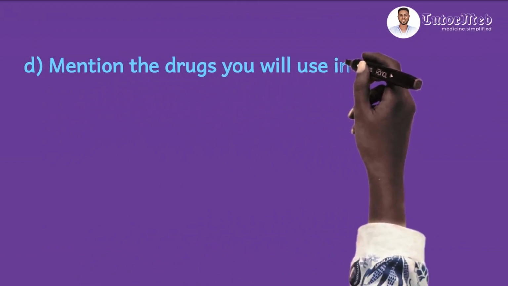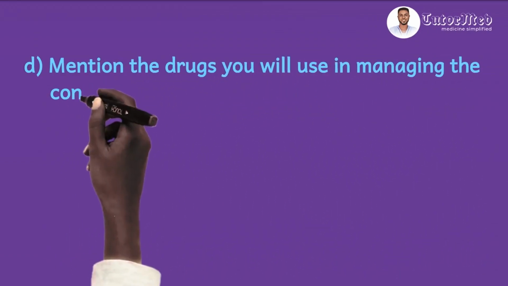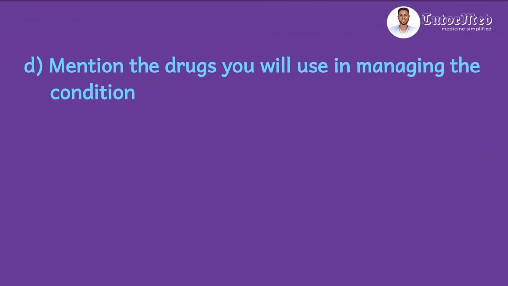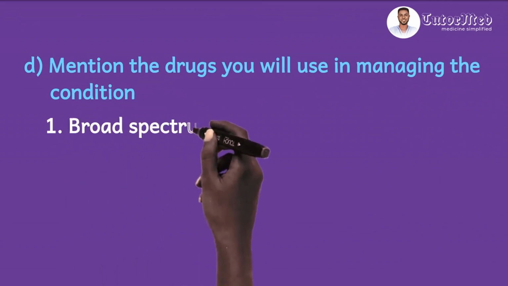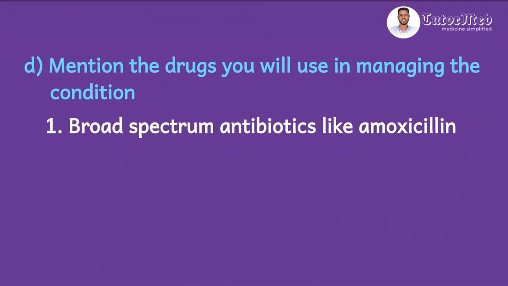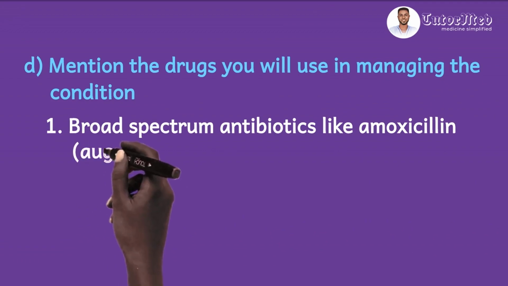Then the last question of that clinical vignette for that particular year read, mention the drugs you will use in managing the condition. Of course, you have to treat the underlying cause, so we give broad spectrum antibiotics like amoxicillin. One of the brands is called augmentin.